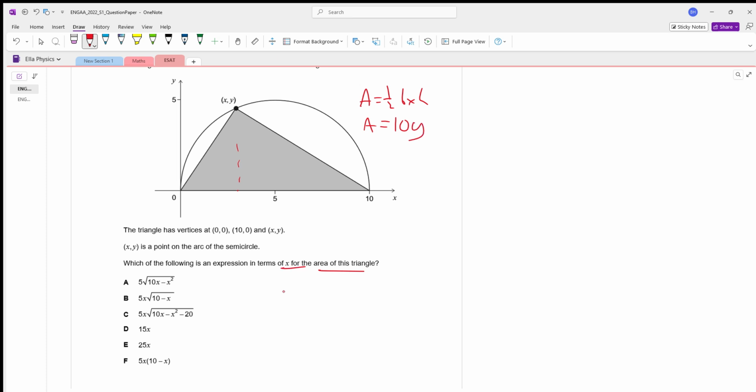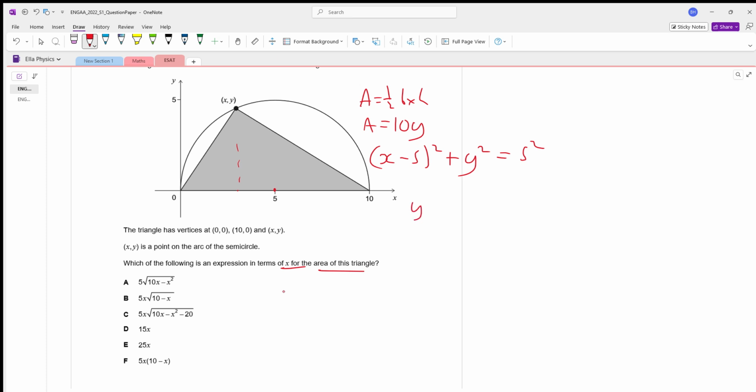Okay, so y is going to be on this arc, which means I've got to think of circles. So x minus the center of the circle, that's that one, x minus that squared, plus y minus, well, that's 0, so just y squared equals the radius, which is 5 squared.